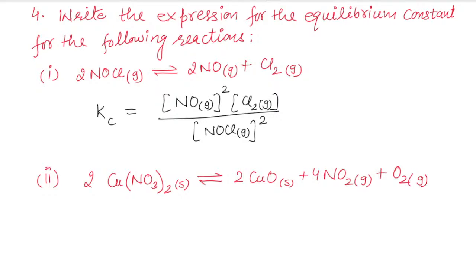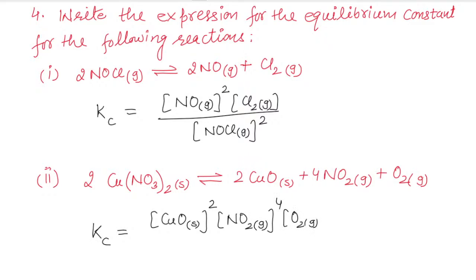So now look, in this case if you write Kc, it is CuO solid raised to power 2, NO2 gas raised to power 4, O2 gas raised to power 1 divided by Cu(NO3)2 solid raised to power 2.